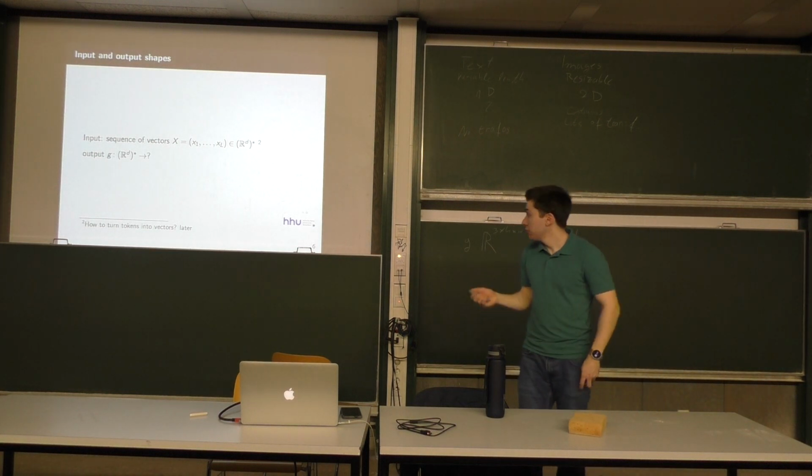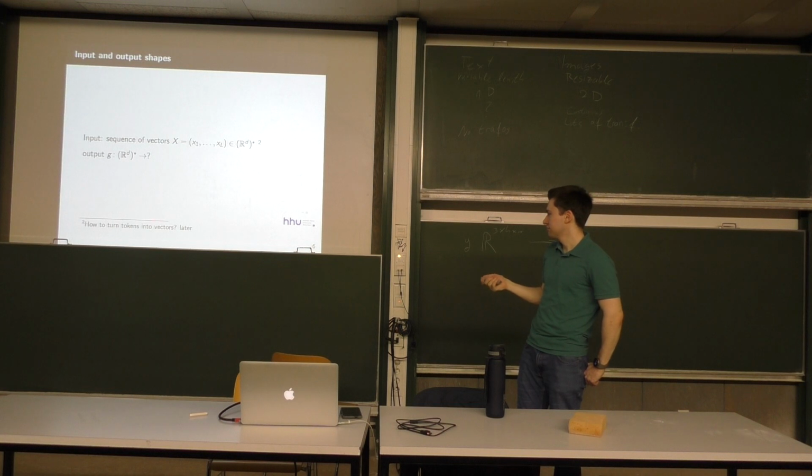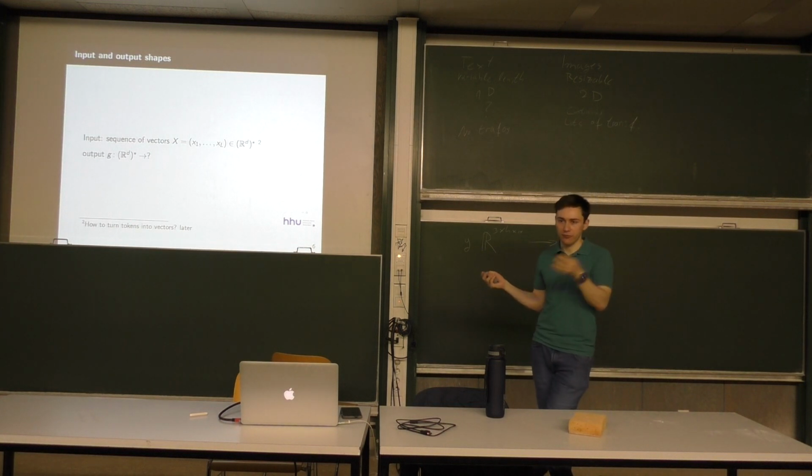Now here we must take a variable length of vectors. We already had vectors; somehow we turned our list of numbers into vectors. How we do this, I'll talk about later. But our function needs to take a variable length of vectors. That's what this star here represents.